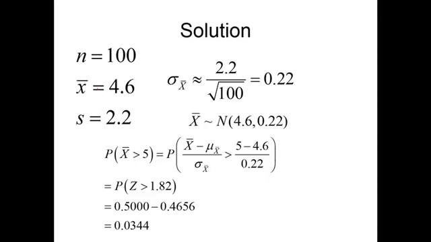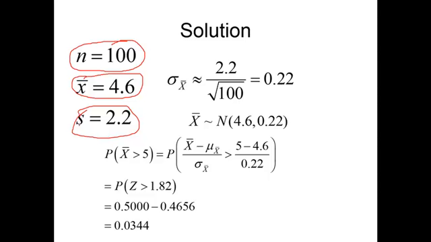Okay, so taking a sample of size 100, again, x bar is 4.6, the sample standard deviation is 2.2. Well, here's the thing, we don't know sigma sub x, and in practice we never will, so we use this estimator 2.2, just plop it right into place there.